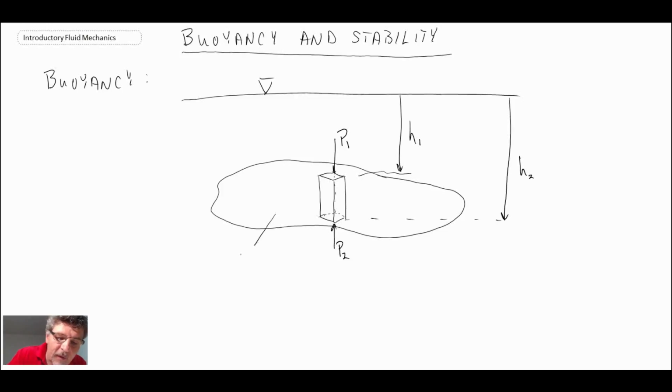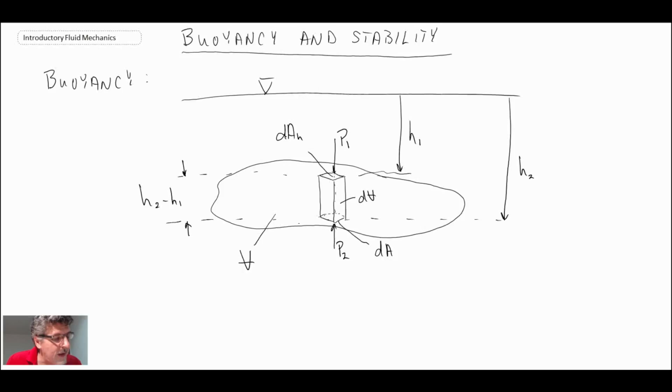And so this is some arbitrary volume we denote as V. We have an area here, dA, and an area on the bottom, dA, and the volume formed by this parallelepiped we will denote as dV. Finally, the difference in height between the upper and the lower surface is H2 minus H1. So that's the scenario: we have this parallelepiped within a submerged body.